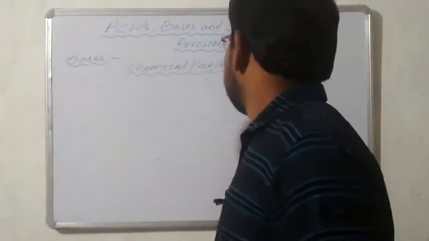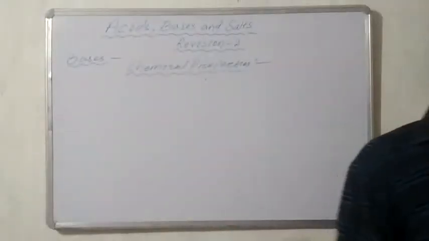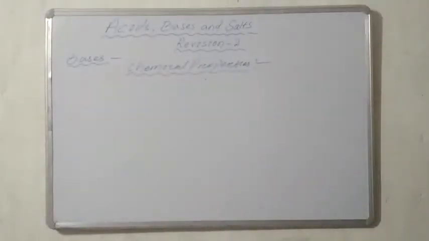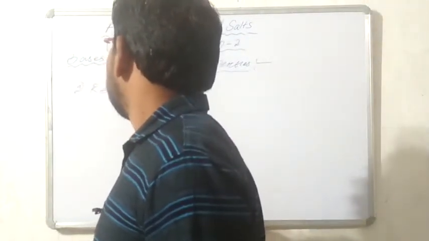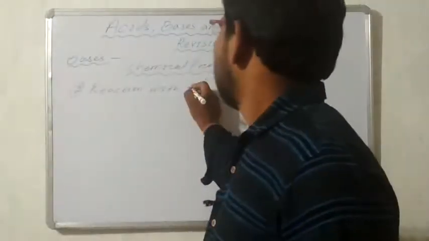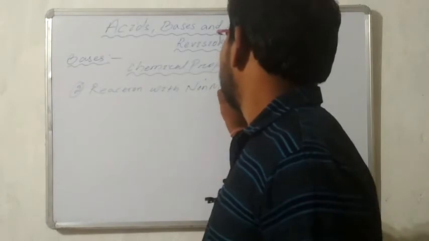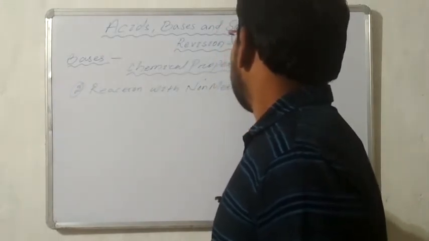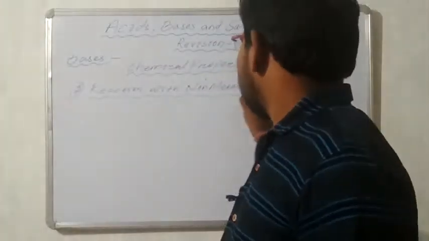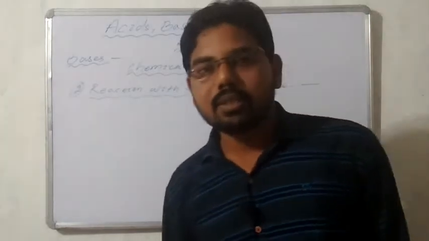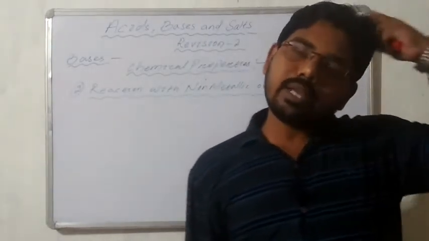The next reaction of bases is reaction with non-metallic oxides. What are non-metallic oxides? Non-metallic oxides are like CO2, carbon dioxide, CO, carbon monoxide, and NO2, nitrogen dioxide.